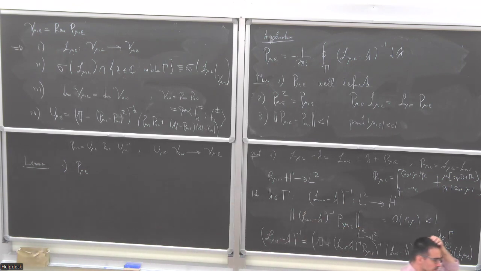So what should we expect? In Kato's book, or in another book in which this theory is written pretty well, the Reed-Simon quantum mechanics, they go through all the construction.